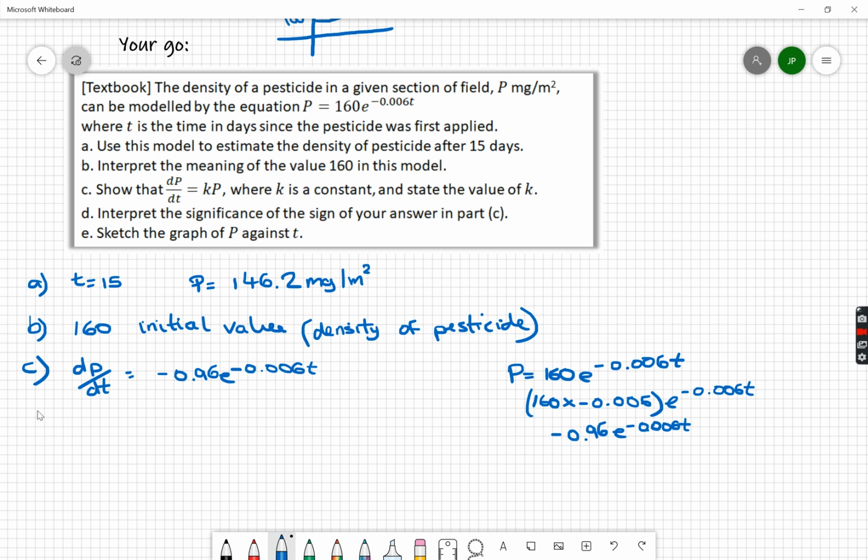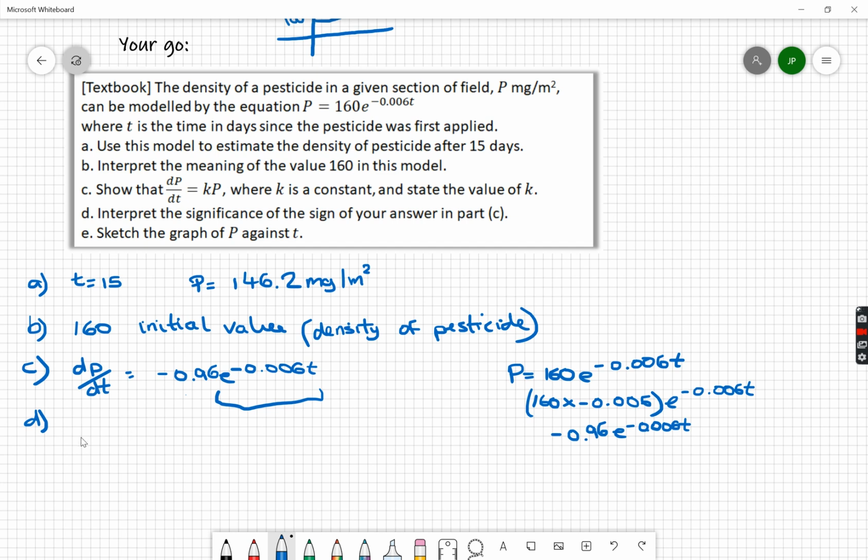Okay, right. Part D. Interpret the significance of the sign of your answer. Well, I've got a negative value here, which means whatever value comes out as t, whatever number I get, I'm going to get a negative number.